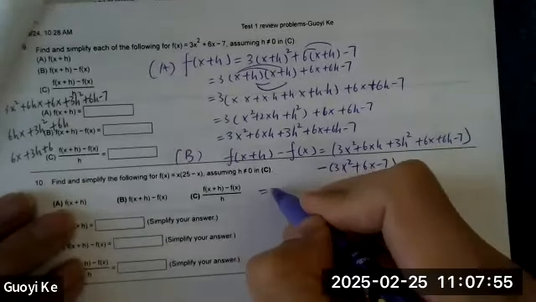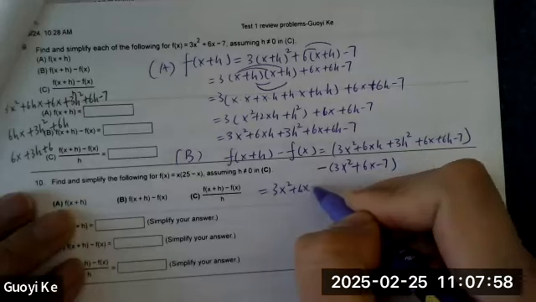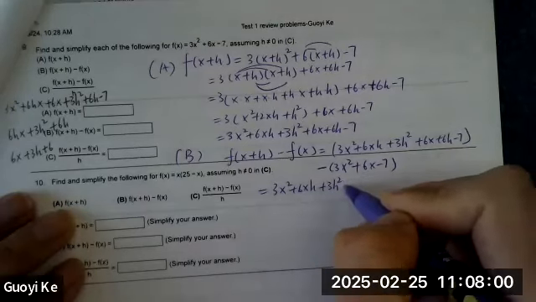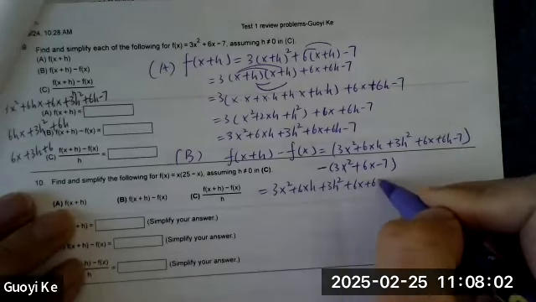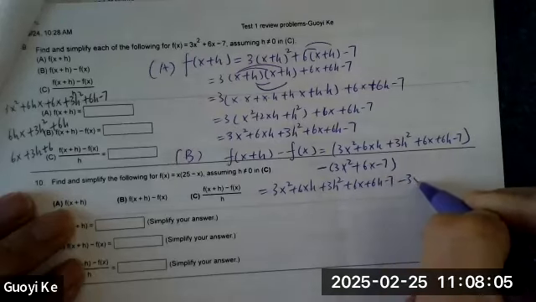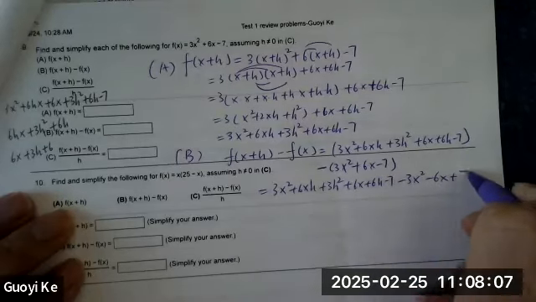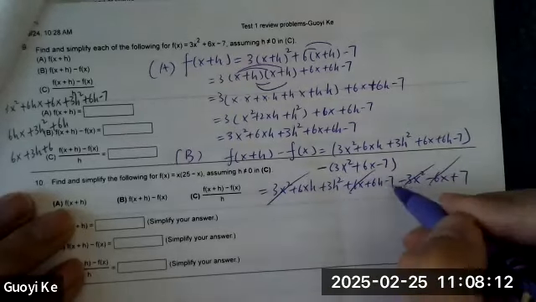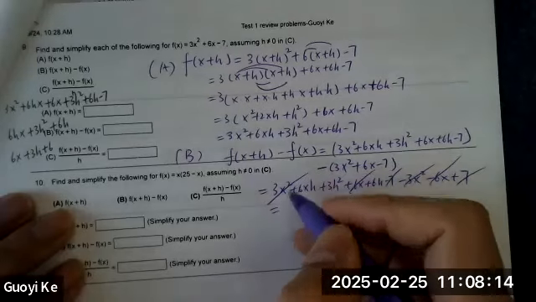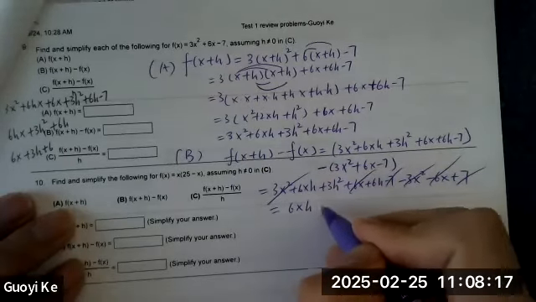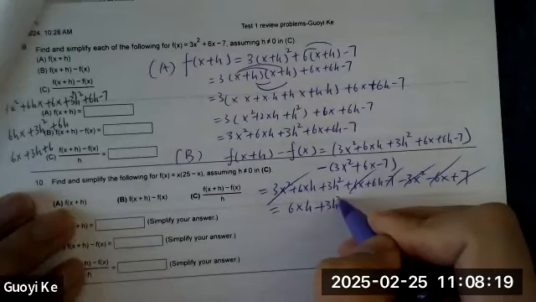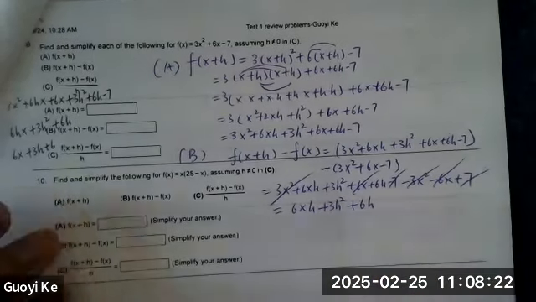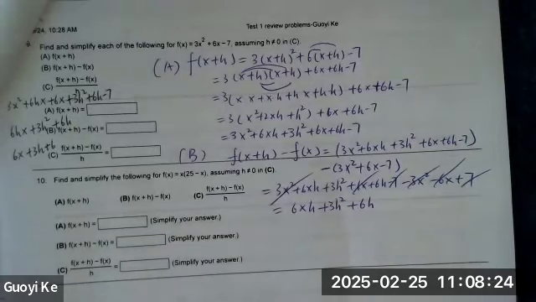And we can simplify it. Cancel out. So we will get the answer for question B.